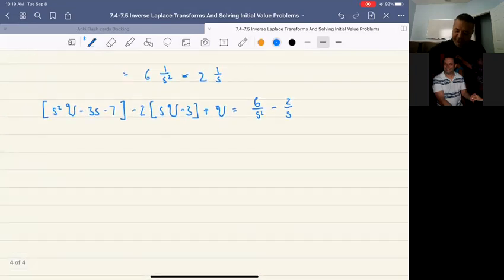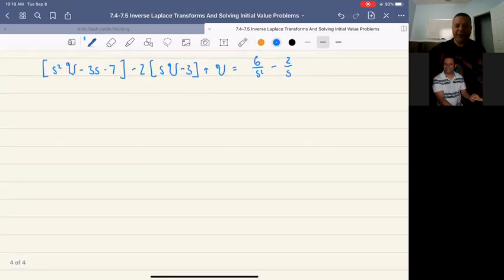Okay. So let's go ahead and play around with this. Again, just like before, we're going to isolate this script u, the Laplace transform of u. That gives us s squared minus 2s plus 1 times u.